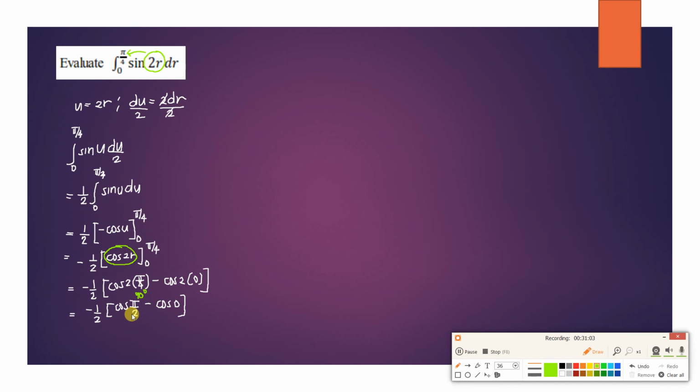So, review lang tayo ng konti. Paano ba sinusolve yung ganyan na walang calculator? Kung idrawing natin yung Cartesian coordinate system, we have x and y.